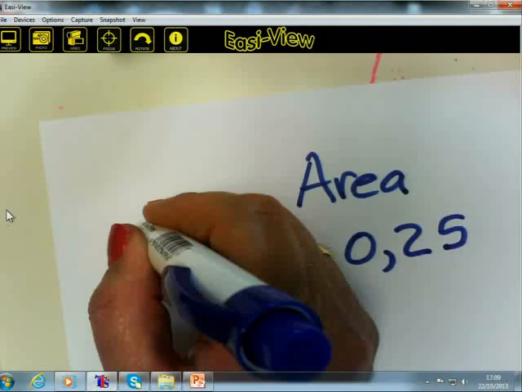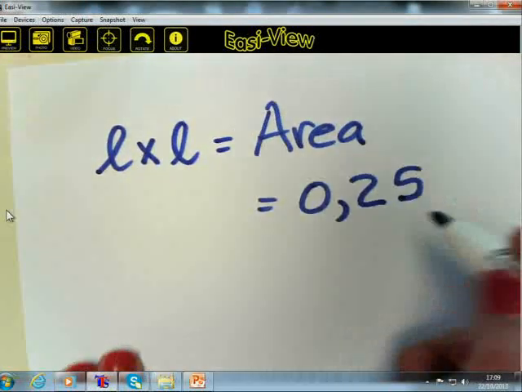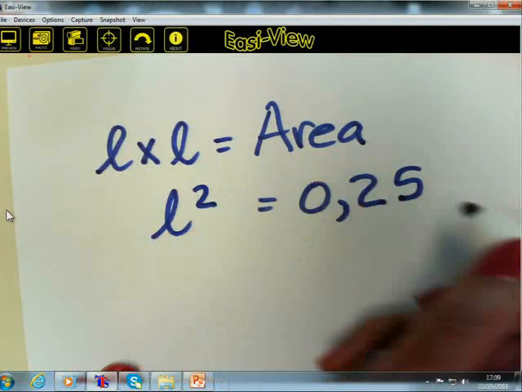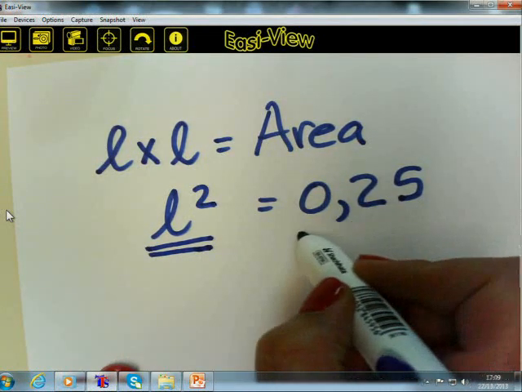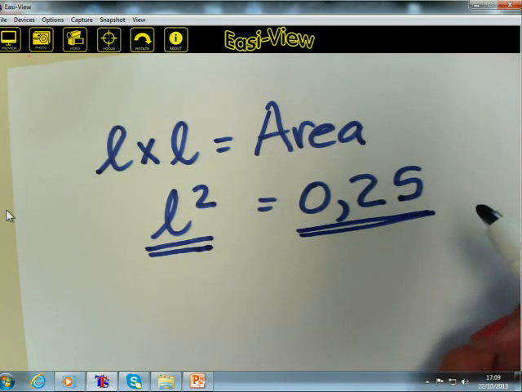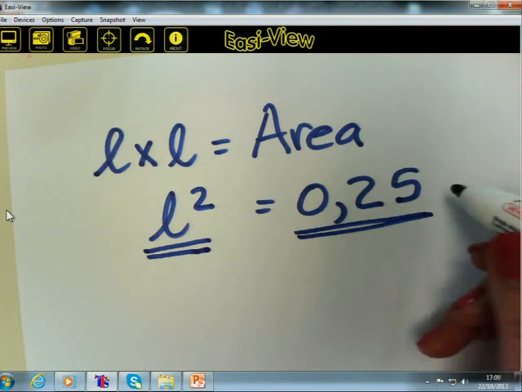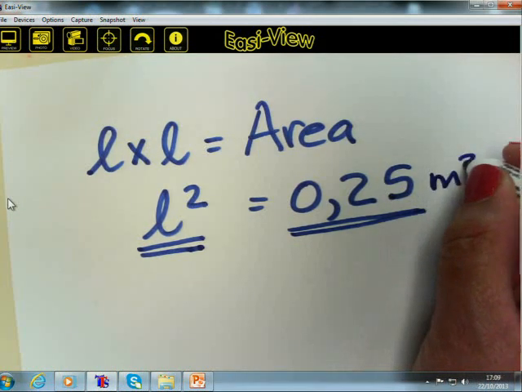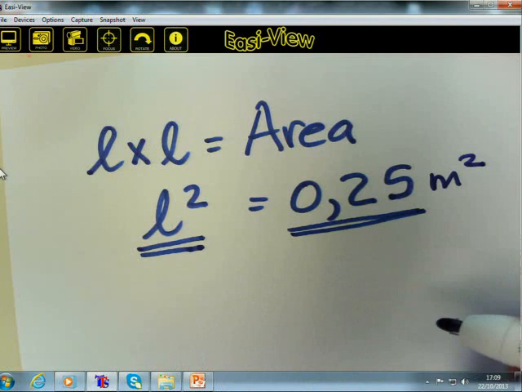The area of the square is L times L, or L square. So by multiplying the two, they got 0.25. I'm going to refer you back to the question. They said the area of the base, and it is a square base, is 0.25 meters square. So they have already multiplied the two lengths.